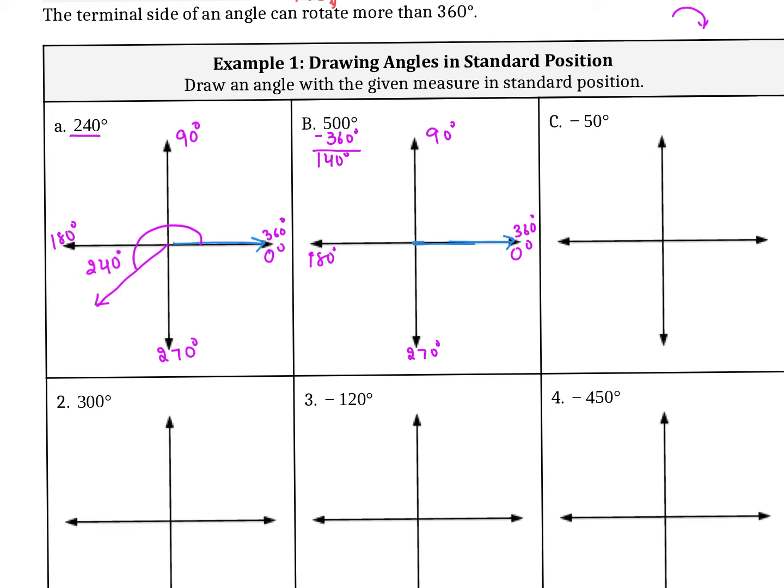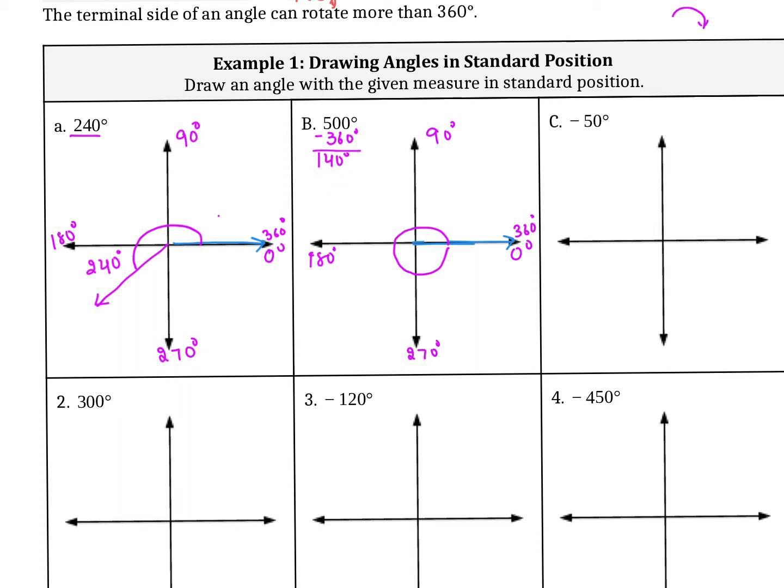So again, I'm trying to draw 500. I start from here, 90, 180, 270, 360. We completed this circle and came back to our original position, 0 degrees, and 360 plus 140 makes 500. It means we have to graph 140 more.